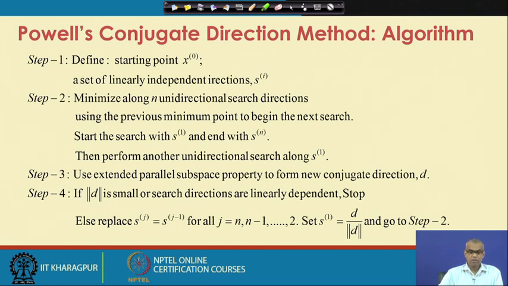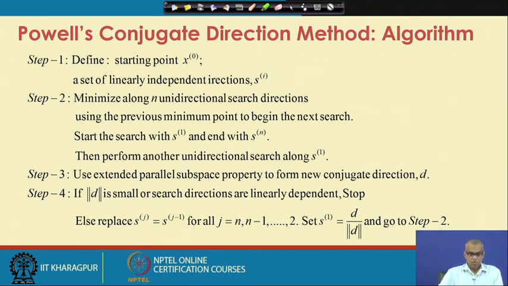Now, use extended parallel subspace property to form new conjugate direction. Let us say this new conjugate direction is D. Now, if the norm of D is small, that means magnitude of D is small, or search directions are linearly dependent, we stop.